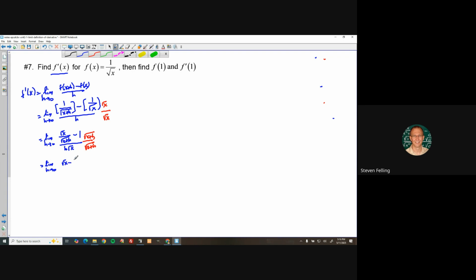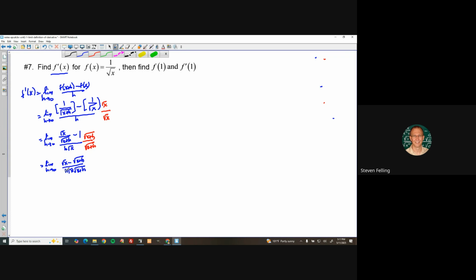When I multiply that here, it's going to be minus the square root of x plus h, and then I've got h square root of x square root of x plus h on the bottom. All right, so now can I safely plug in? I can't yet because I still have this h here.